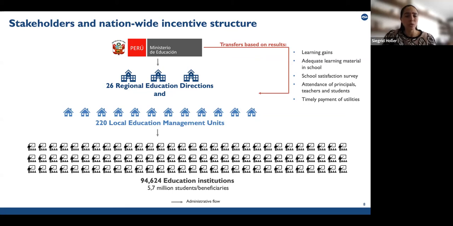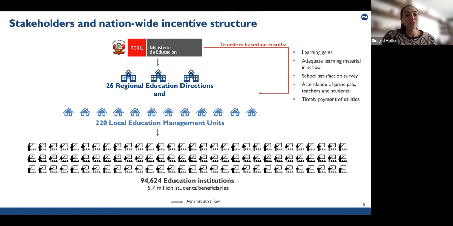Then also the attendance of students, teachers and principals to schools, and some of the services that subnational governments provide to schools, such as adequate learning materials being delivered to schools on time, or paying for utility services on time as well. We also included a satisfaction survey of schools rating the quality of services of regional governments.